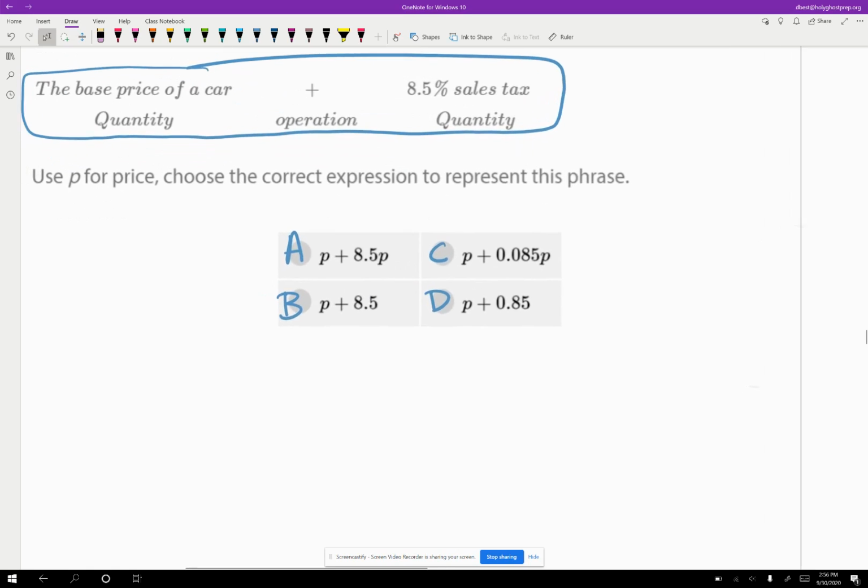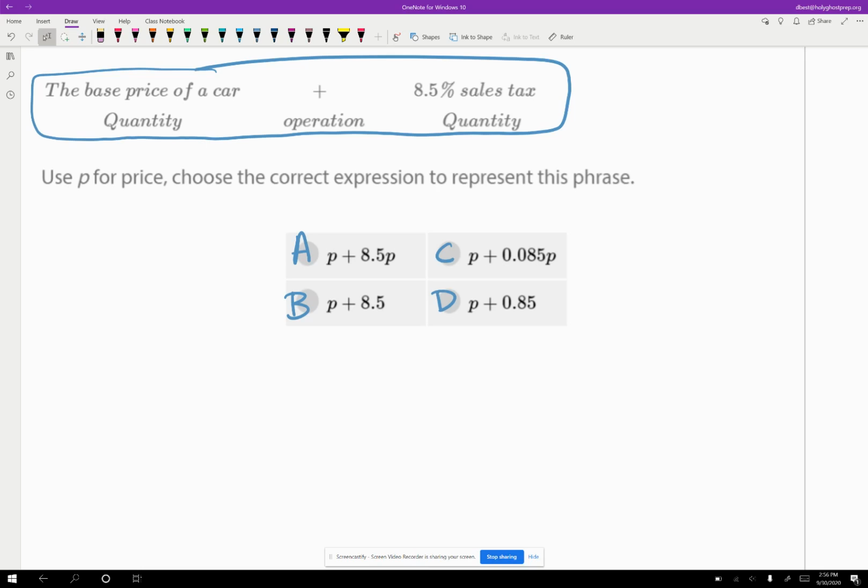So a couple of things to think about in solving this one, and I'm going to let you answer again in case you think maybe you got it wrong. So I'm going to explain a little, and then you're going to answer. The first thing is the base price of the car. We're labeling that as P, so I know that's the first part of my expression. Then I have to add the 8.5% of the price.